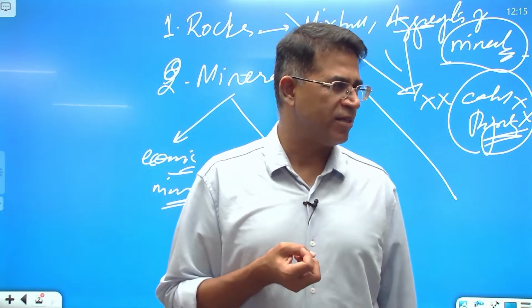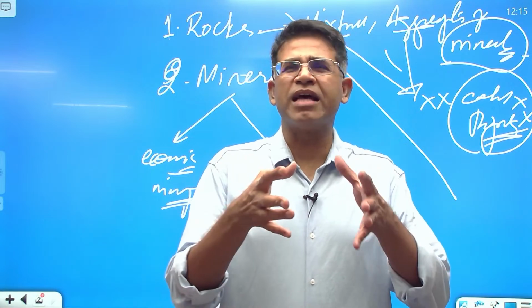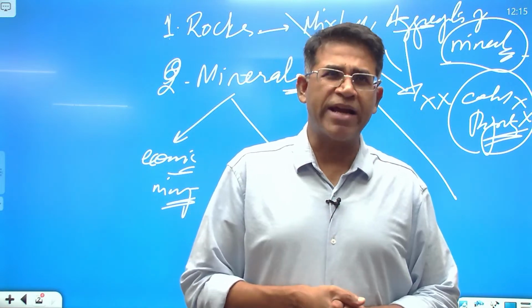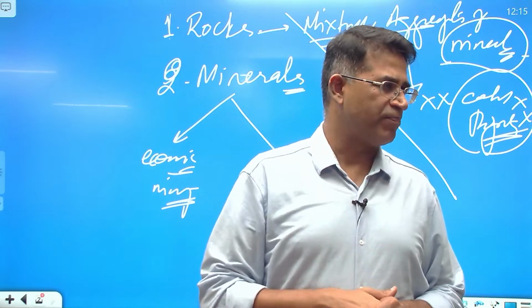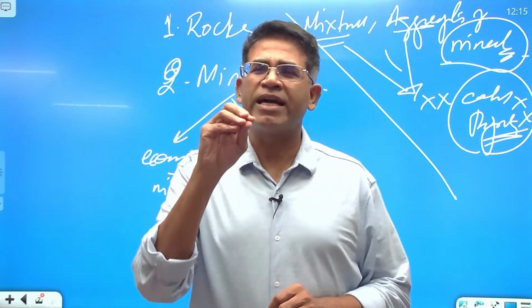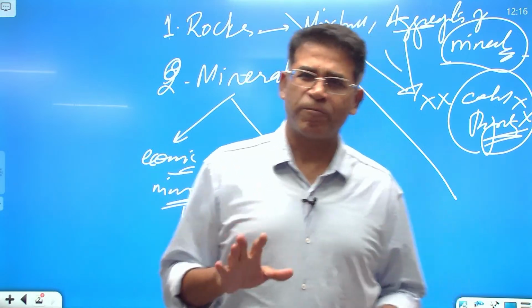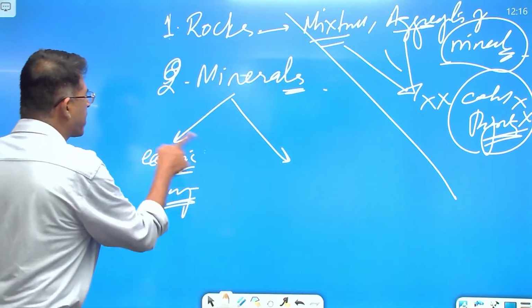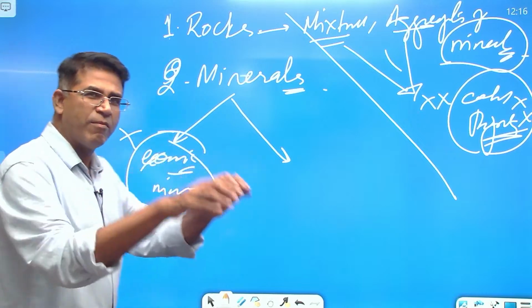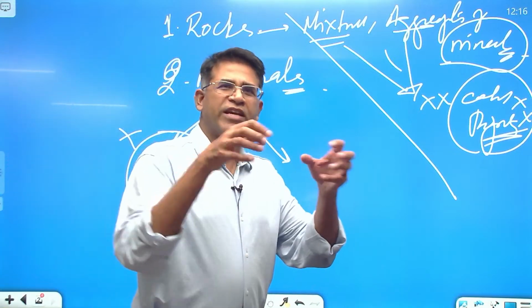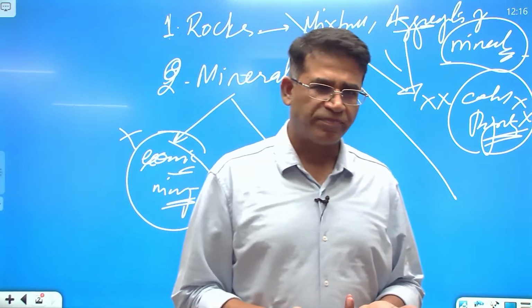Yes, right, even sand is a mineral. Sand is called minor minerals according to our Mineral Act of India. Okay, so this is a separate idea. Whatever we mine, we dig out, we take from earth is called a mineral.